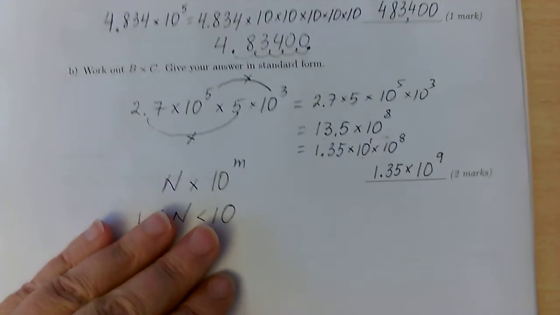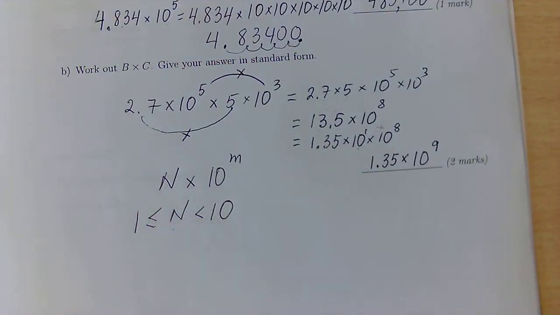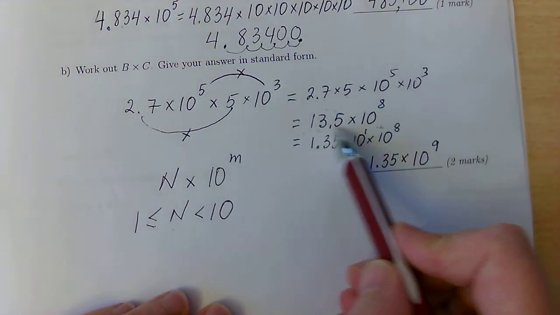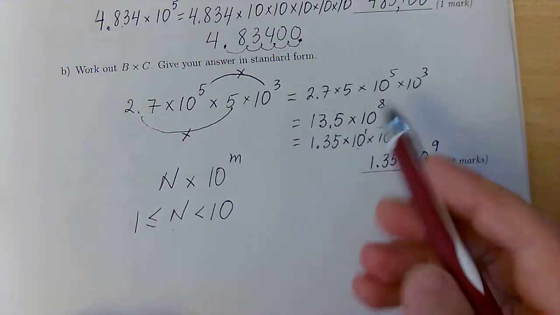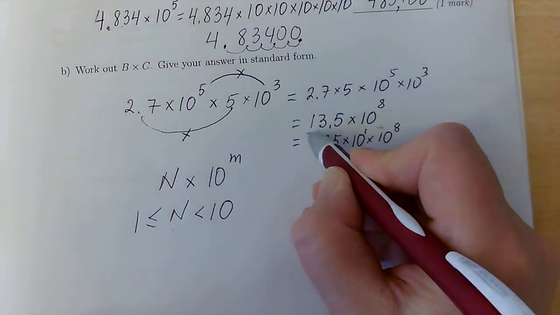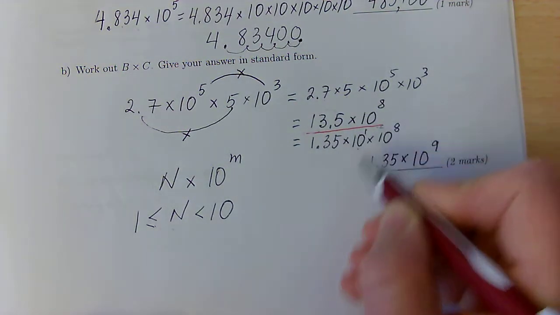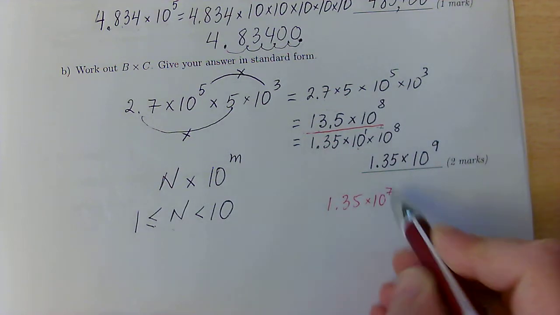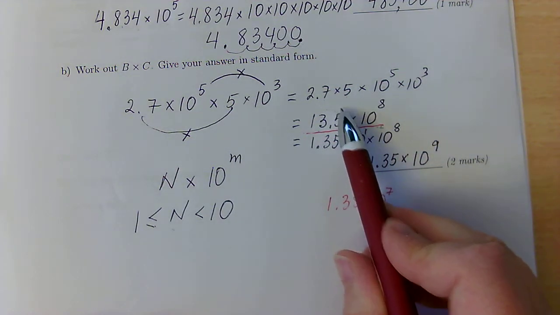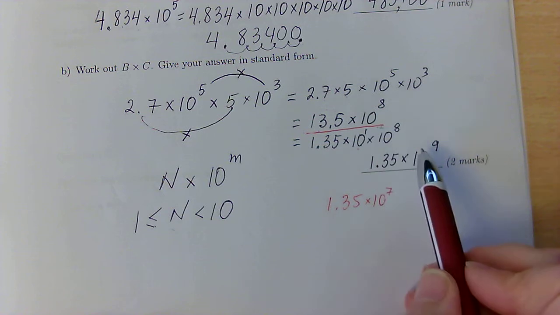Alright, common mistakes here were, as I said, rushing as fast as you can to the answer without even checking what you are doing. So many of you were able to achieve this result but after that you wrote 1.35 times 10 to the power of 7, so you've lost 10 instead of having one more.